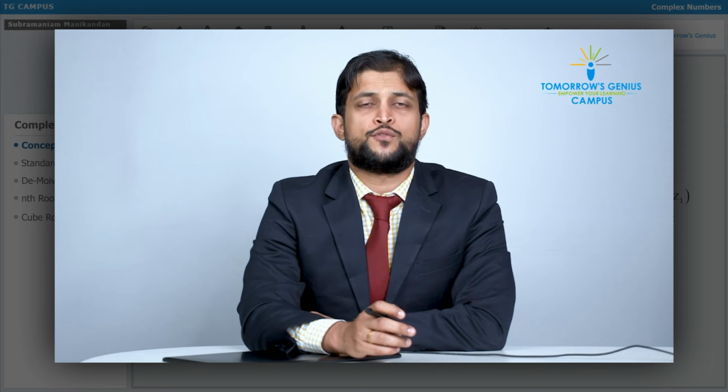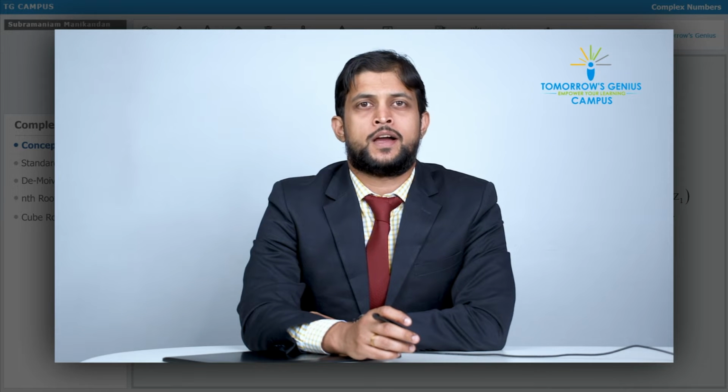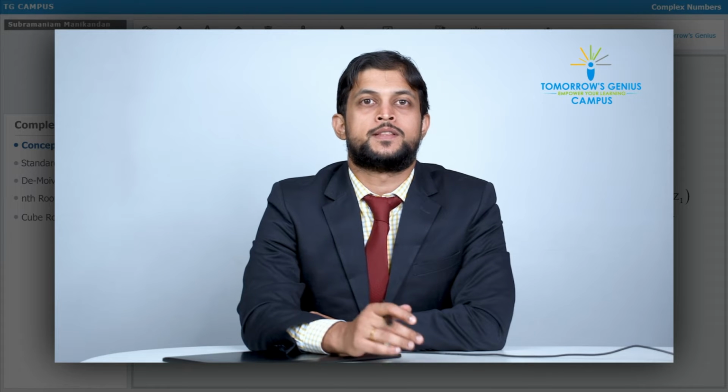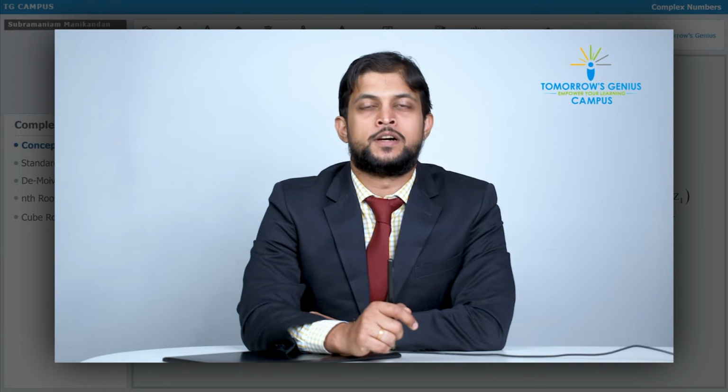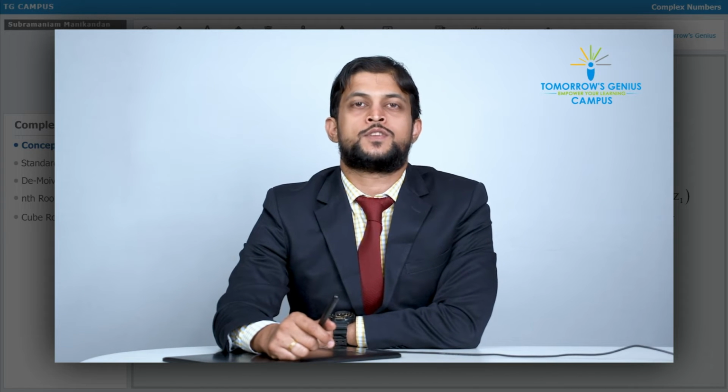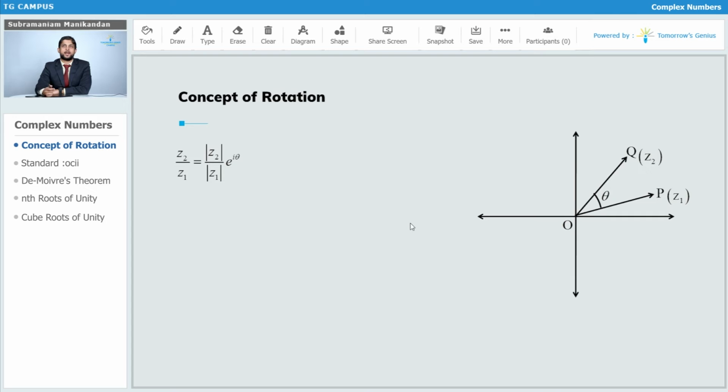So what does it mean when I multiply a given complex number by another complex number? This is a question that we had dealt with earlier, right? Suppose we have two complex numbers p, which is given by the complex number z1, and q given by the complex number z2.